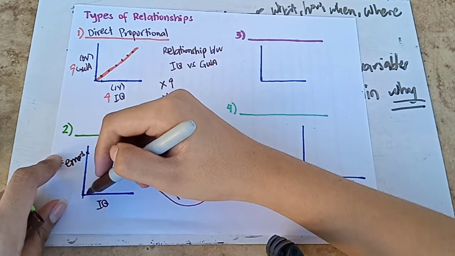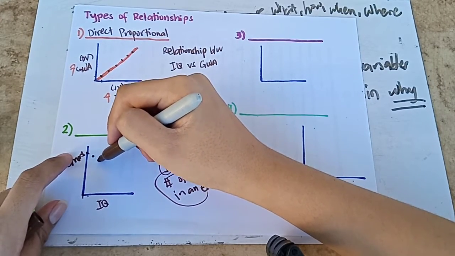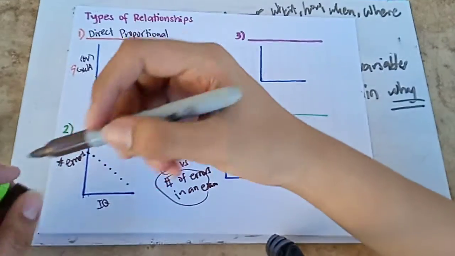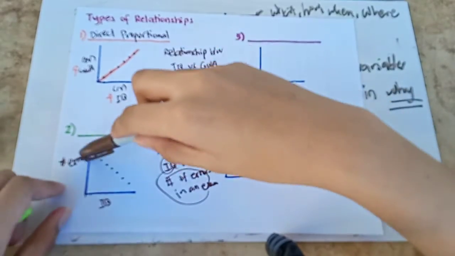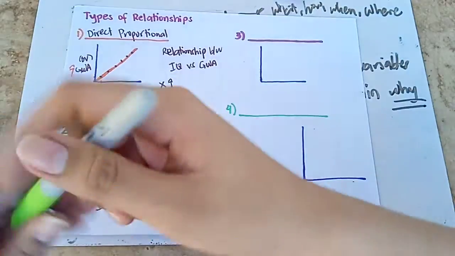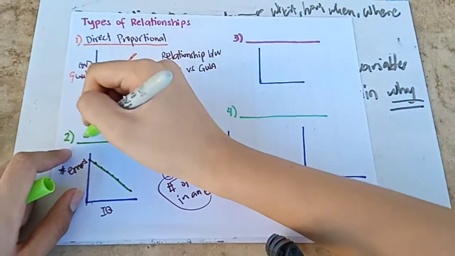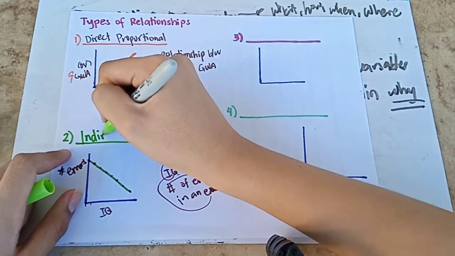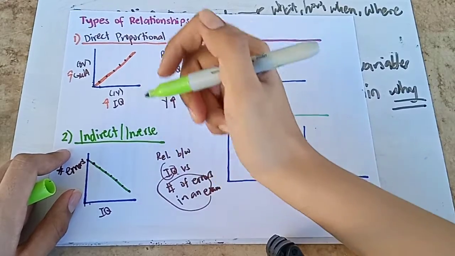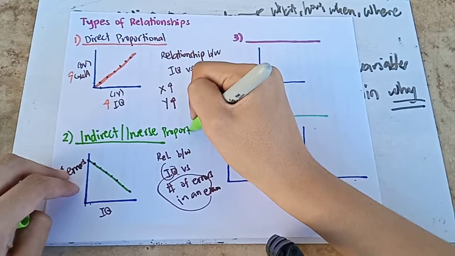So, as the number of errors increases, the IQ decreases. So, there is an indirect or inverse relationship. This will be called an indirect or inverse proportional relationship.